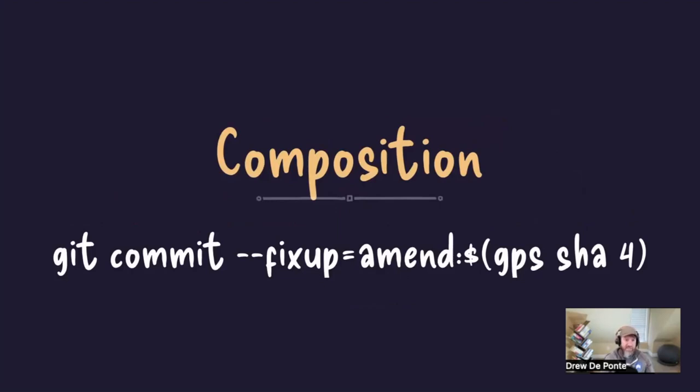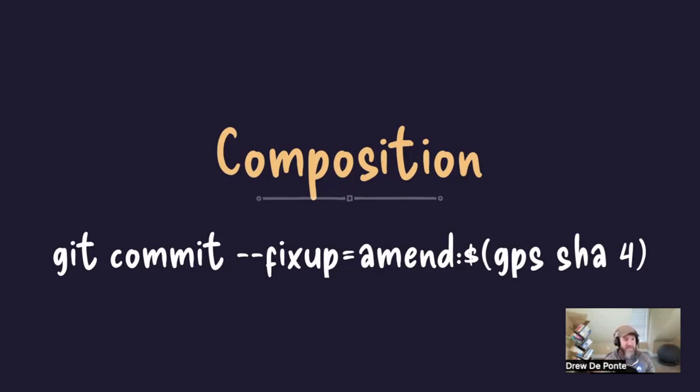We can just do git commit --fixup=amend: and then a subshell, and we use GPS SHA with whatever the index of the patch is that we want. And we've composed these two commands together. We've composed the git commit --fixup command with the GPS SHA command. And now this composed command is operating conceptually at the level of patch stack, not at the level of Git. This is awesome.